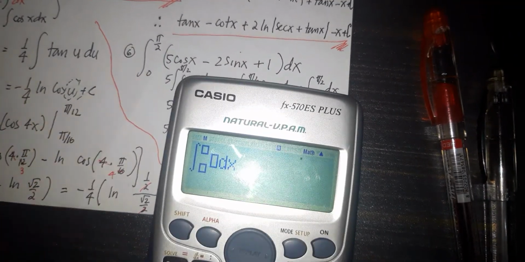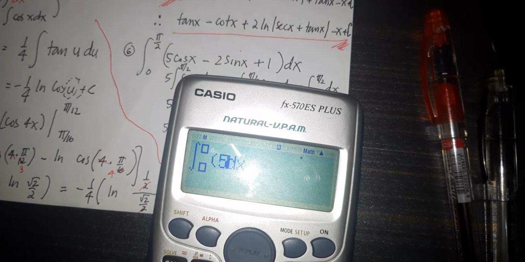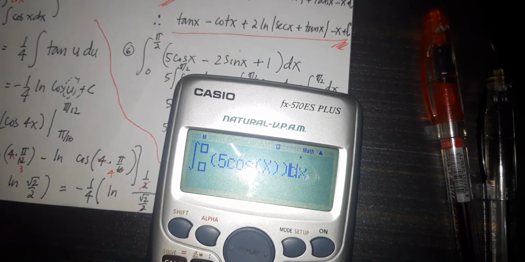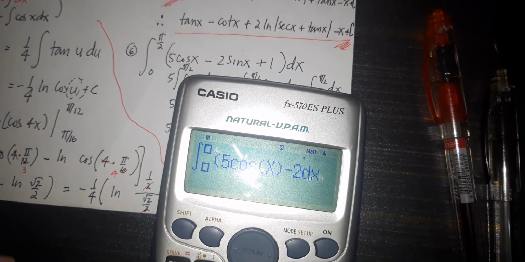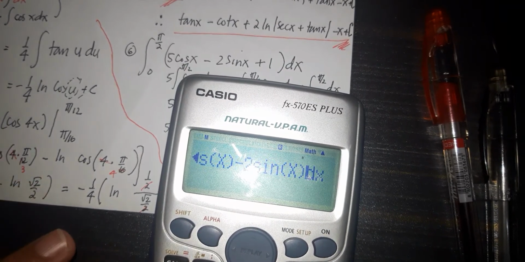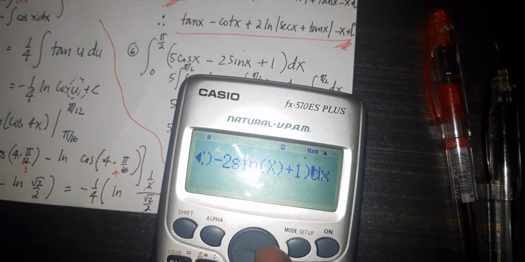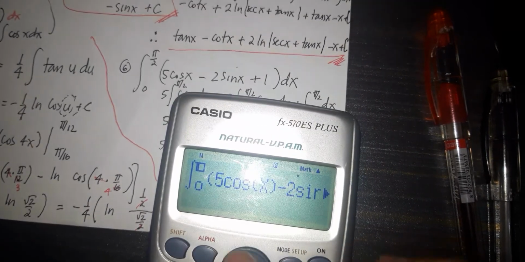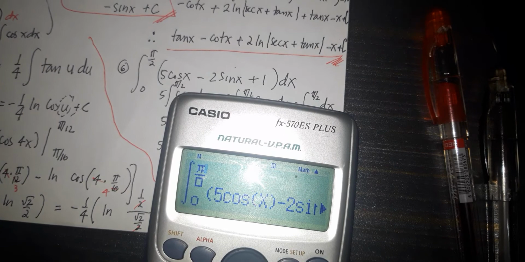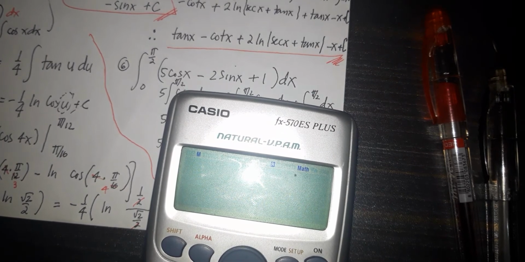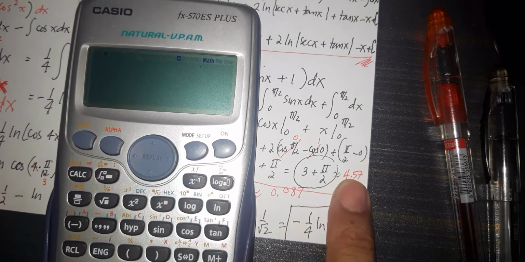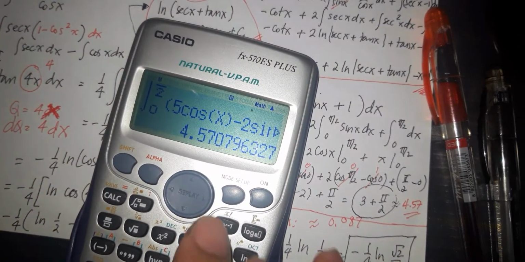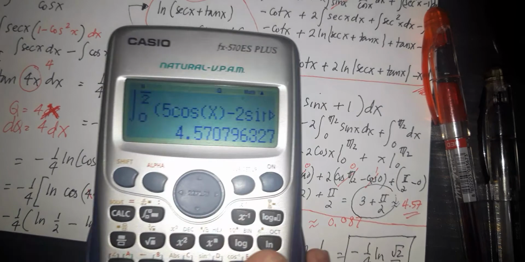So integral of 5 cosine x minus 2 sine x plus 1 from 0 to pi over 2. So the answer must be approximately equal to 4.57. So the answer is 4.5707. So we are correct.